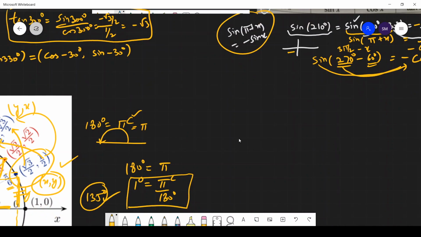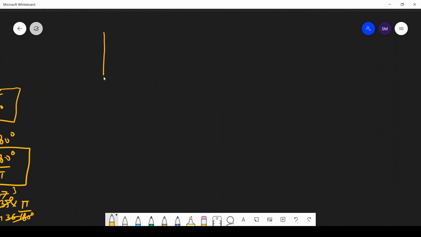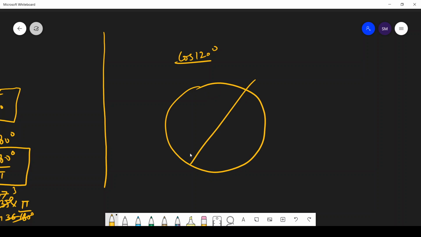Now let me show you another way. You want to find cos 120 degree. On the unit circle, cos 120 degree will be here. This is your 30 degree, so 90 plus 30.